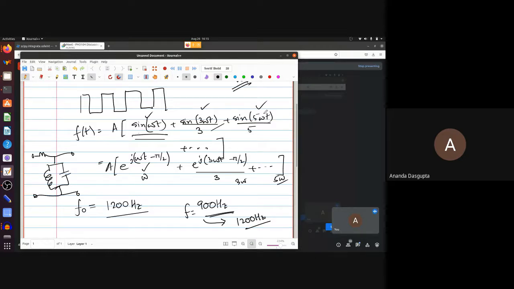And not only that, as you keep on tuning your frequency across this 1200 hertz range, that is, you start from below 1200 hertz, you get close to it, then you cross it and go to the other side, your output will suddenly grow to a large value when f is 1200 hertz and then fall again. But that is what would happen in a standard resonance experiment.